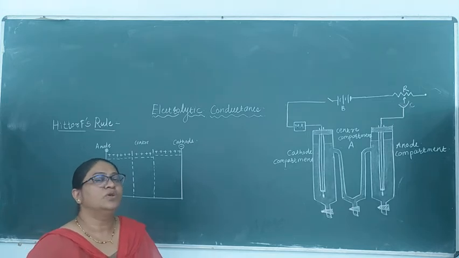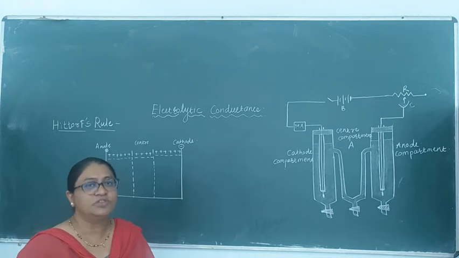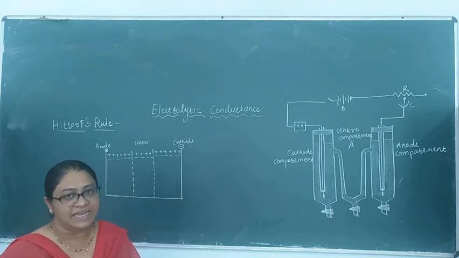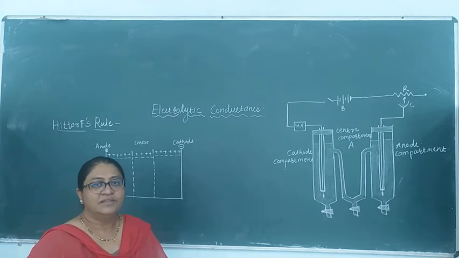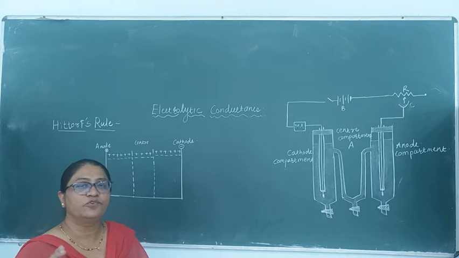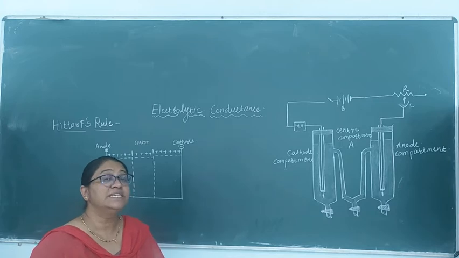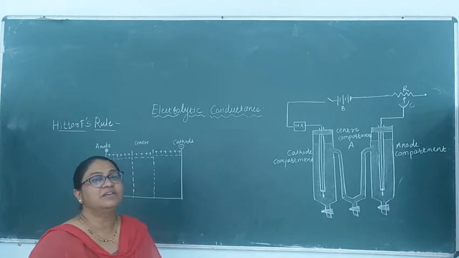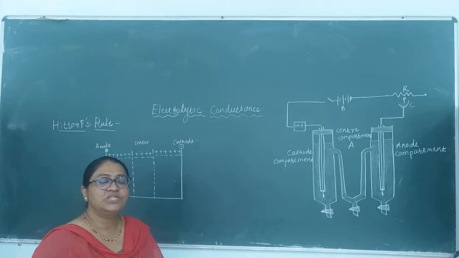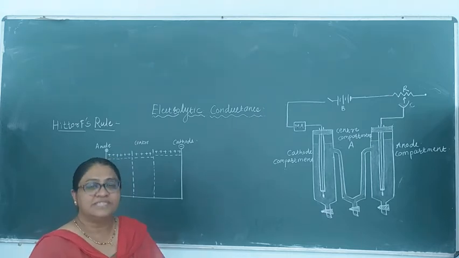To determine the transport number, we have to see the change in concentration of both the ions, cations as well as anions. When electricity is carried through the electrolytic cell, changes in concentration are observed near the electrode. The change in concentration is not observed in the center of the cell.